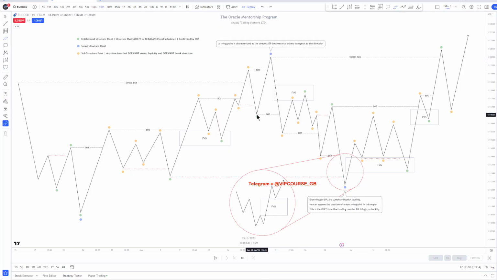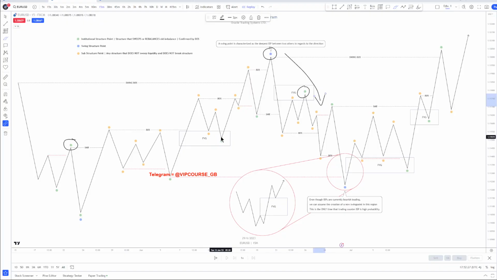So up until we've had a break and a production of a new ISP on the right, then we have one on the left. Now we can affirm that swing structure has finished development and we can start a pullback phase to produce a new swing structure point.